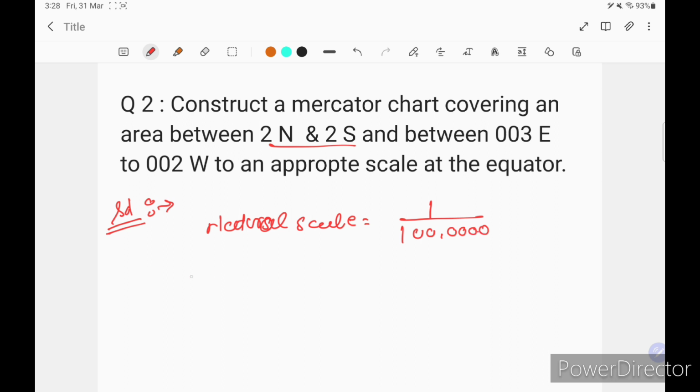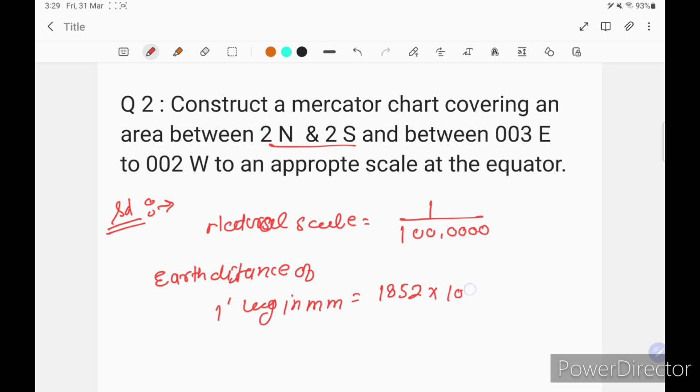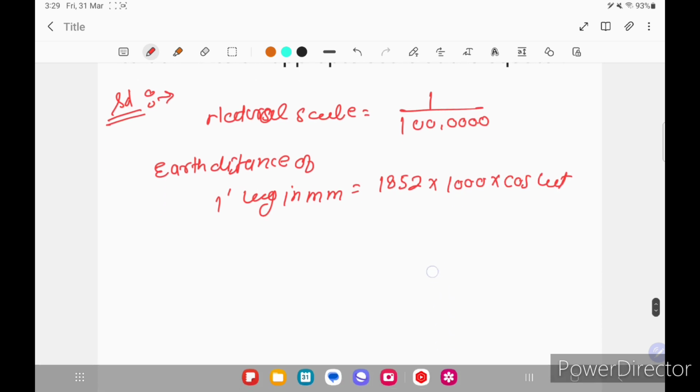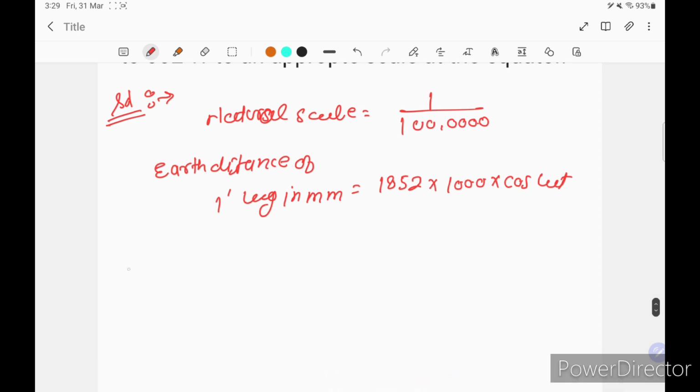Okay, so now the earth distance of 1 minute longitude in mm is equal to 1852 into 1000 into cos latitude. Okay, we already discussed this formula.